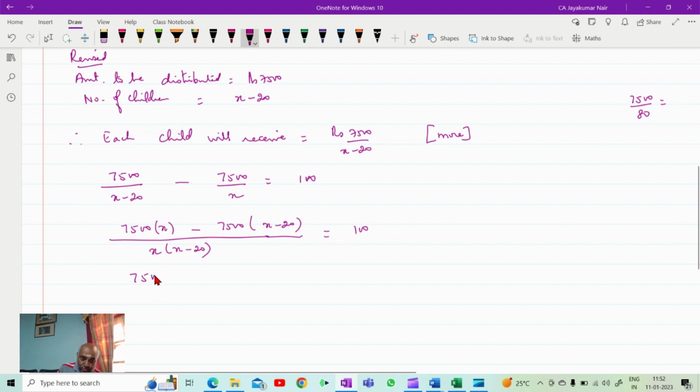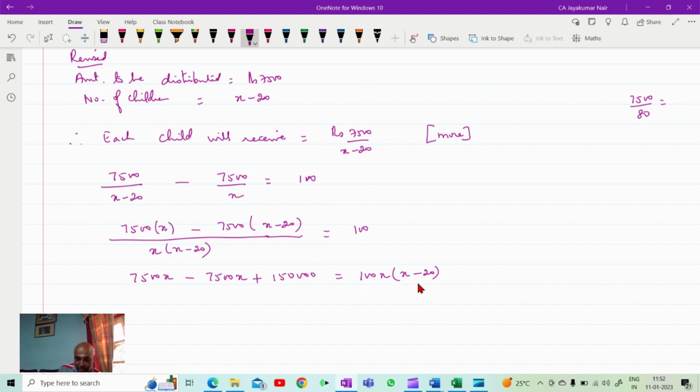You get 7,500x minus 7,500x plus 7,500 into 20 will be 1,50,000 is equal to 100 into x minus 20, that is cross multiplication.